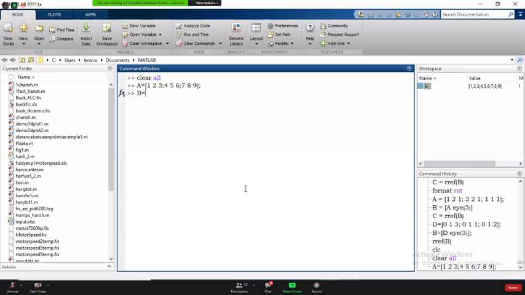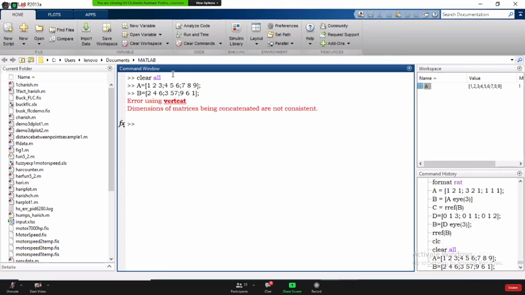B equal to some other matrix. 2, 4, 6 semicolon 3, 5, 7, semicolon, next 9, 6, 1. Some other. I have not given space for this. I have given space. Okay.